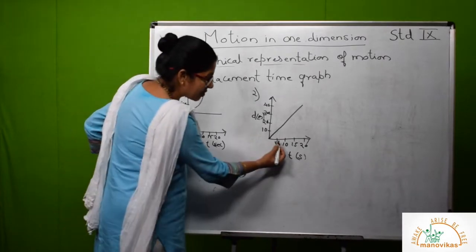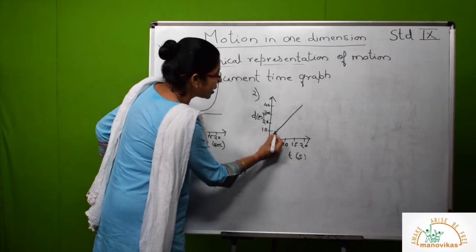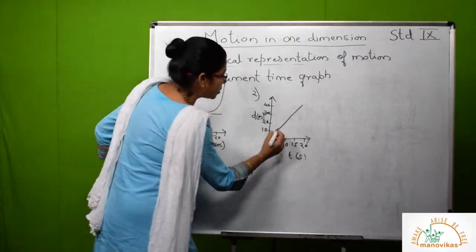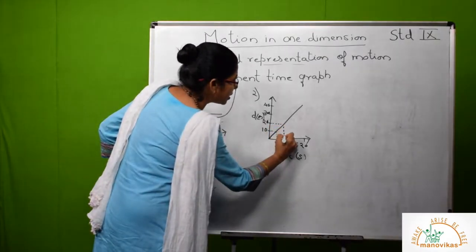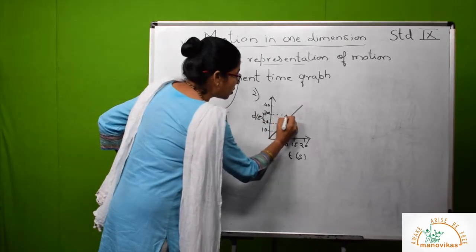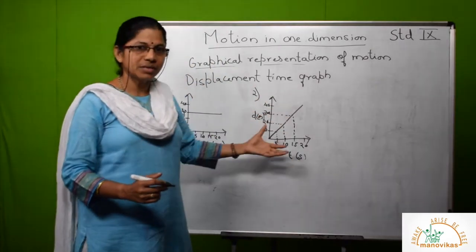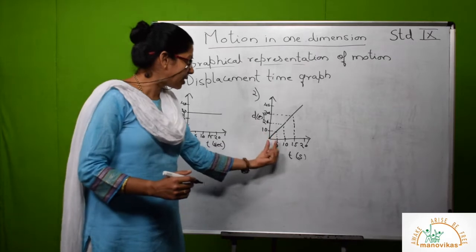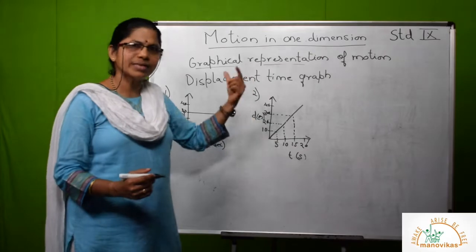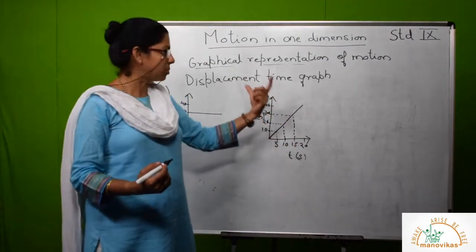Now you see that after 5 seconds, the object is displaced by 10 meters. After another 5 seconds, the object is displaced by 20 meters. After another 5 seconds, the object is displaced by 30 meters. That means this displacement time graph represents uniform velocity.